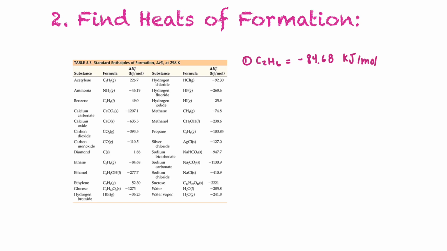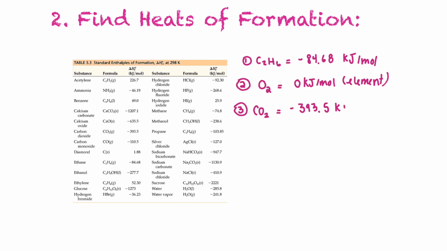Now our second one, we need to find the heat of formation for oxygen. But remember, oxygen is an element, so it's going to be 0 kilojoules per mole. You don't have to form them, they're already formed, they're an element. Our next one, we need to find out the delta heat of formation of CO2. We look that one up, and it is negative 393.5 kilojoules per mole.